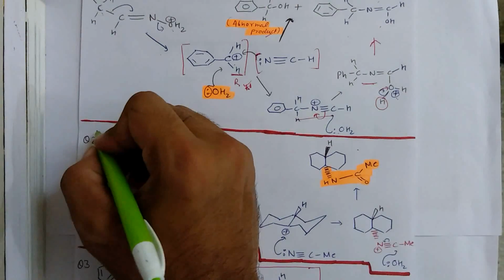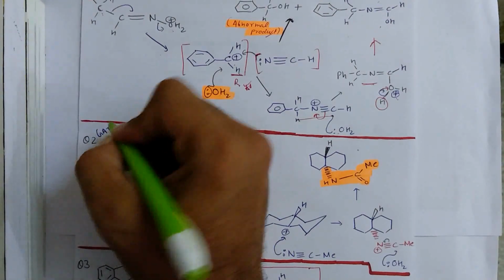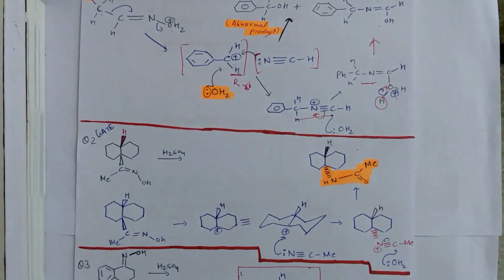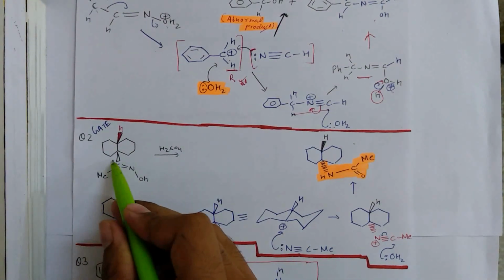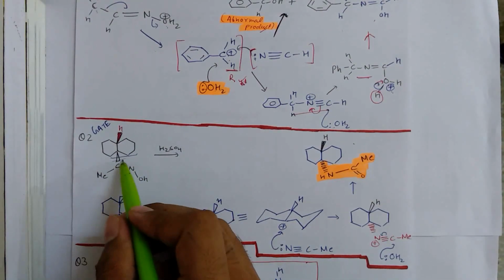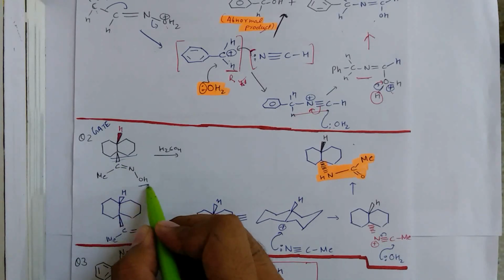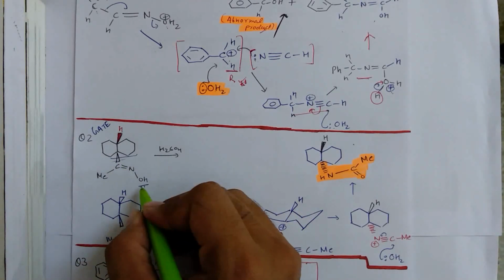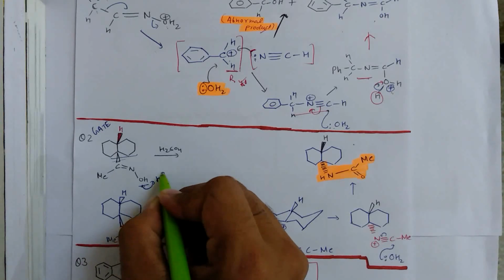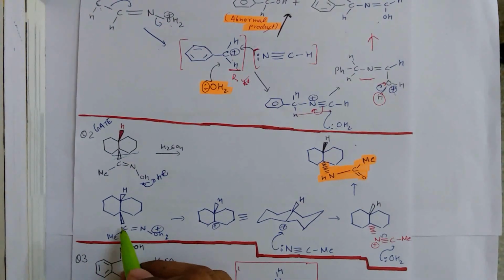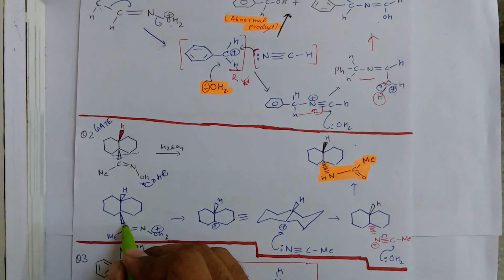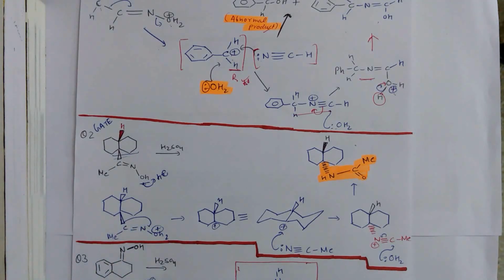Coming back to another good example which was asked in GATE is this molecule. As you can see, we have an oxime, and now this cyclic moiety is trans to this OH2. As this OH2 receives a hydrogen here, forming a leaving group, you'll expect a trans migration from this position.